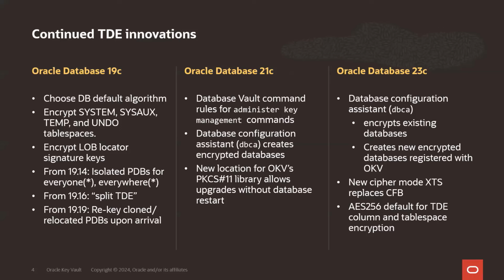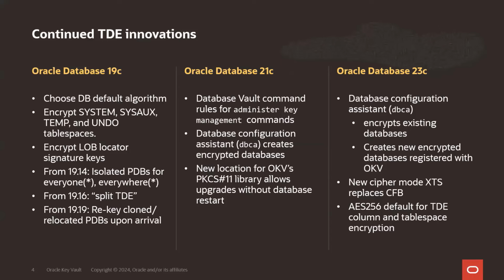Starting from Oracle Database 19c, you can rekey cloned or relocated PDBs upon arrival. So let's say you would like to clone a PDB from an older database release, let's say 12.2 to 19c, and you would like to upgrade the PDB once it arrived in the 19c container.